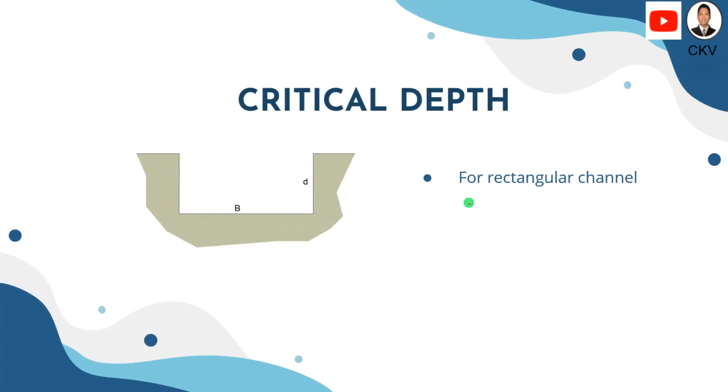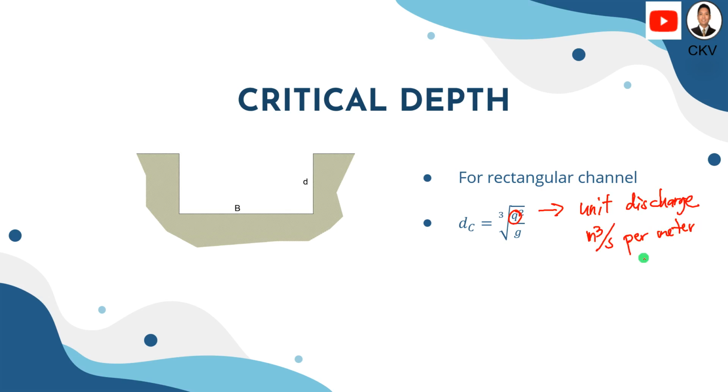Critical depth for a rectangular channel is equal to the cube root of q squared over g. So take note that this q here is the unit discharge, which is equivalent to cubic meter per second per meter width.